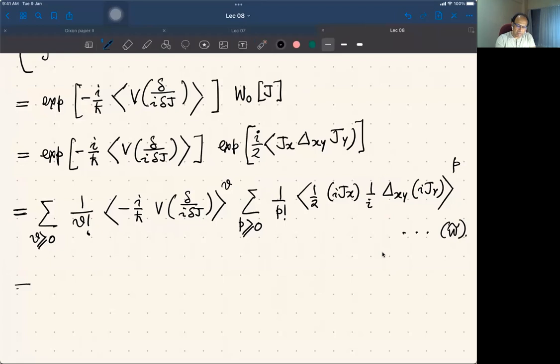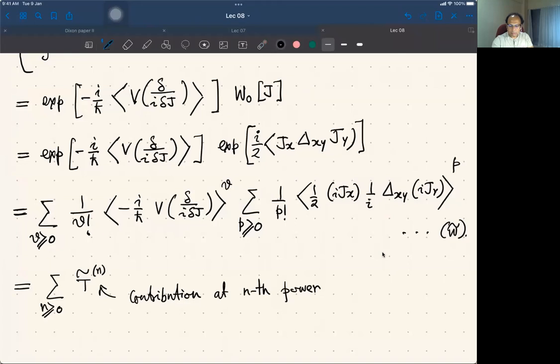So this expression can be written as the sum over n greater than or equal to 0 of T tilde n, where this T tilde n is a contribution at nth power of J.